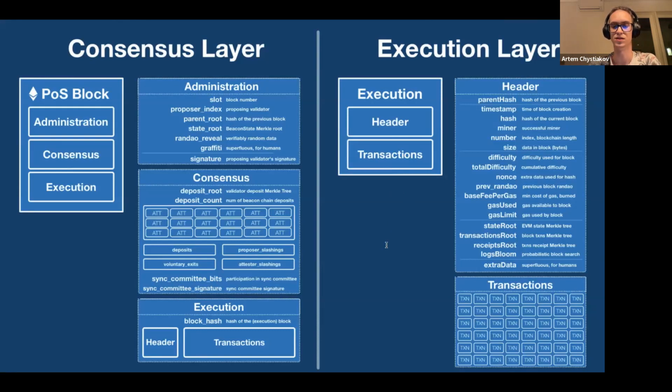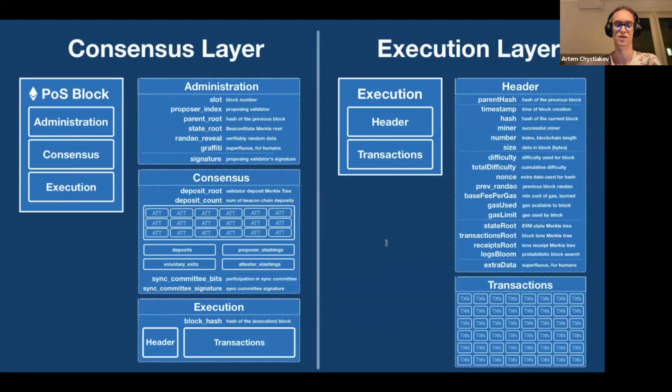It is the limit that caps the execution amount of every transaction included in this block. Right now it is 30 million, and you just can't send a transaction that will consume more than 30 million gas. If it does, it just won't be included in the block at the stage of validation.